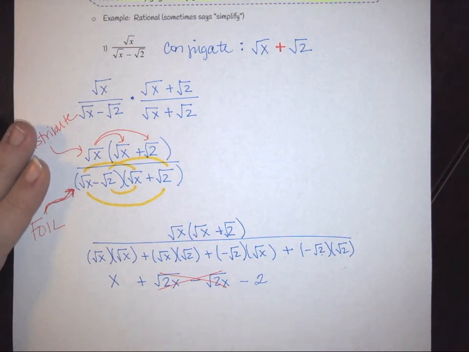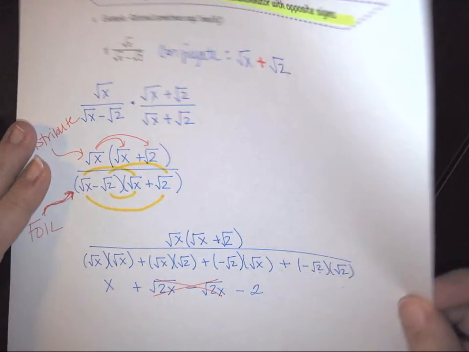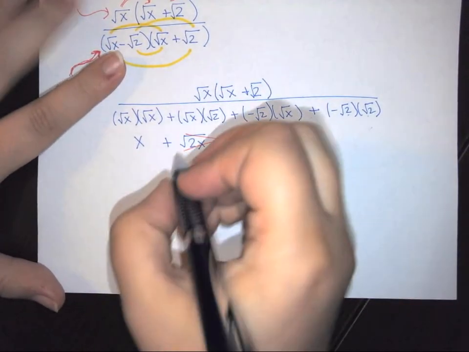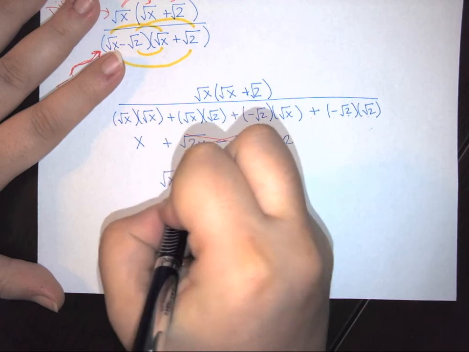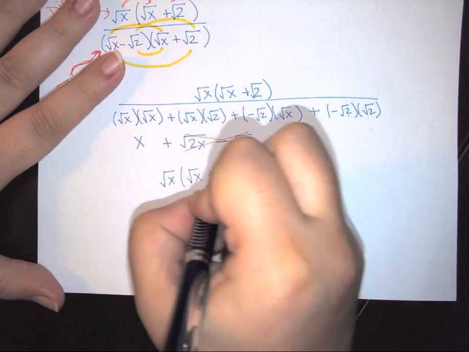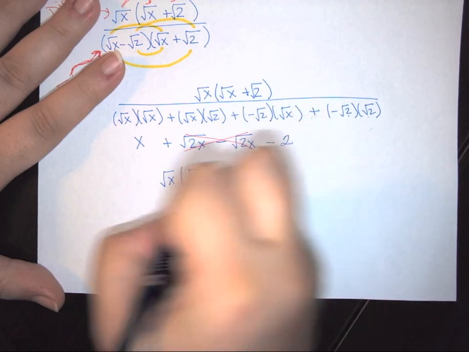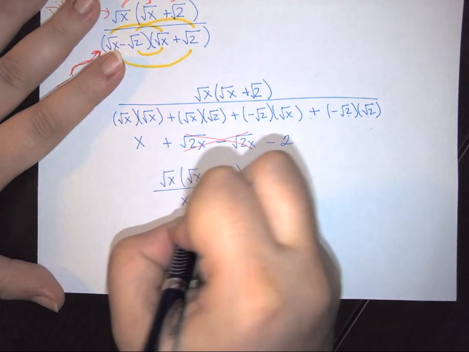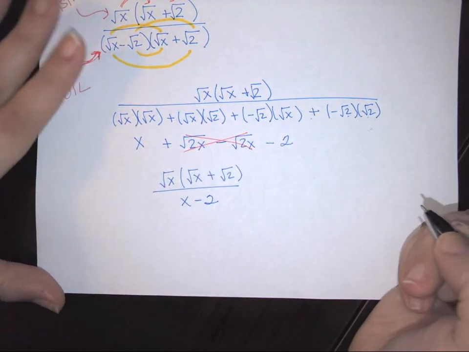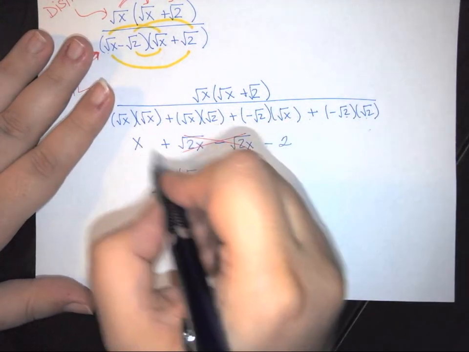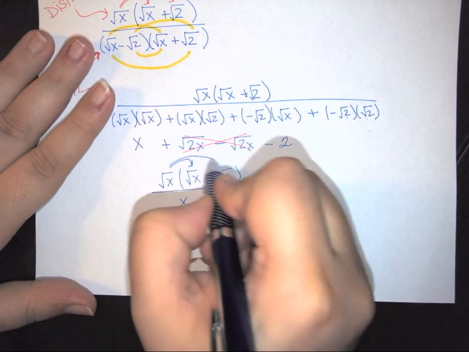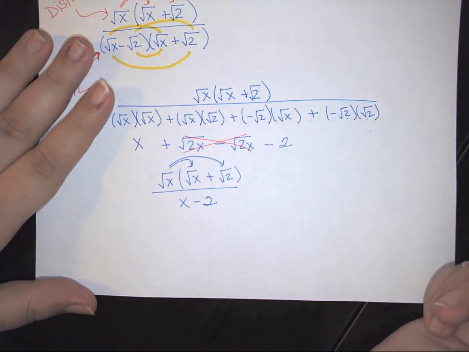Therefore, all my radicals in the bottom disappear. So I actually have the square root of x times the square root of x plus the square root of 2, all over x minus 2. The last thing that I need to look at is doing that distributing we talked about earlier.